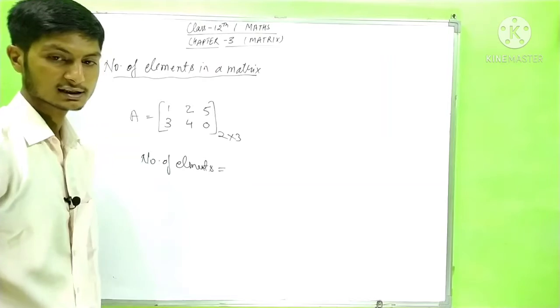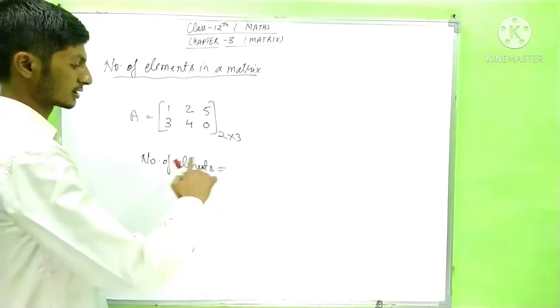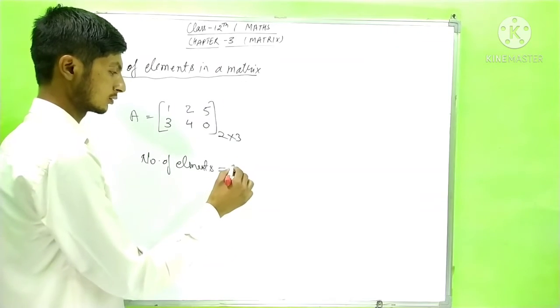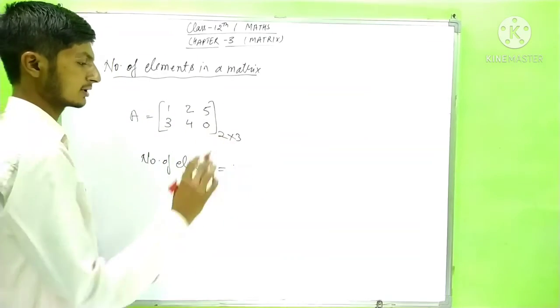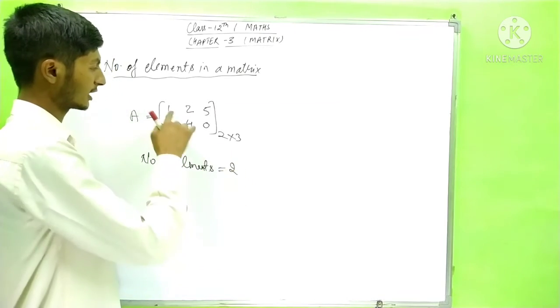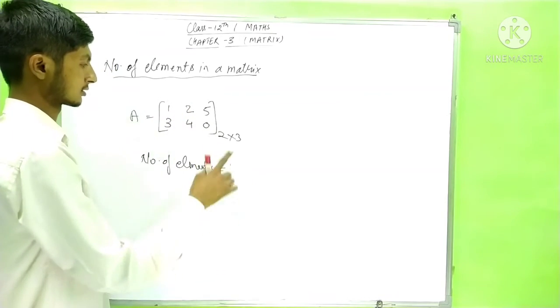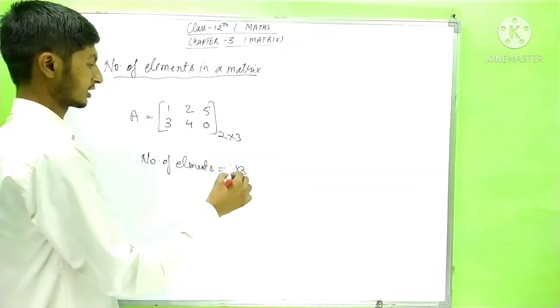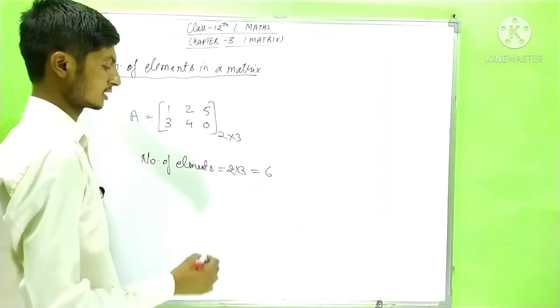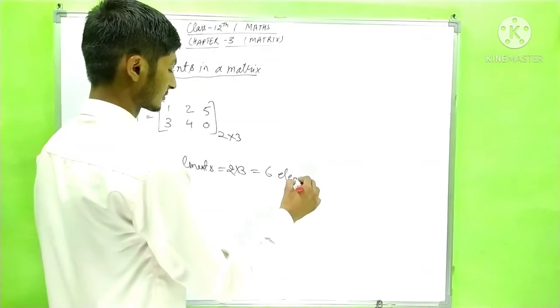The number of elements in this matrix, we can simply calculate as the number of elements in a row multiplied with the number of elements in a column. So the number of elements in a row is 3 and the number of elements in a column is 2. So 2 times 3 is 6, so 6 elements.